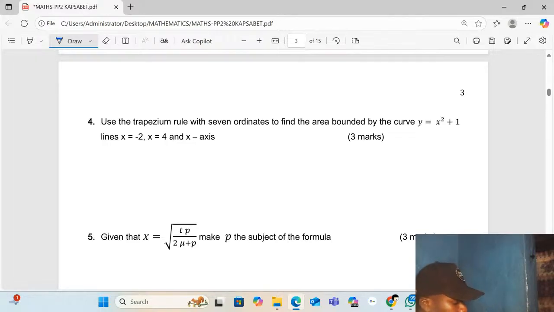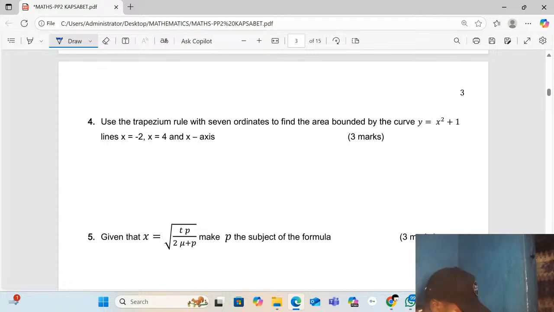Use the trapezium rule with 7 coordinates to find the area bounded by the curve y is equal to x squared plus 1, the line x is equal to -2 and x is equal to 4, and the x-axis.